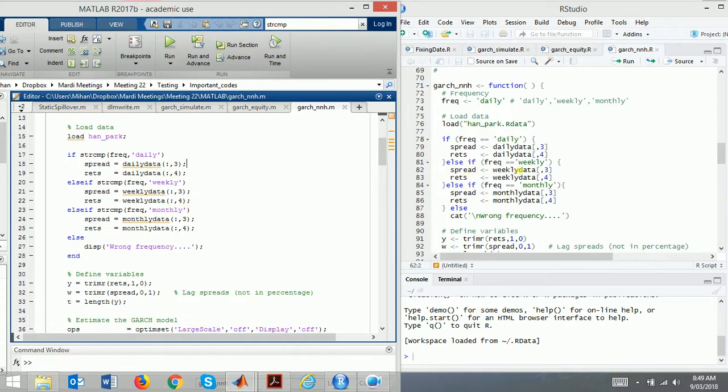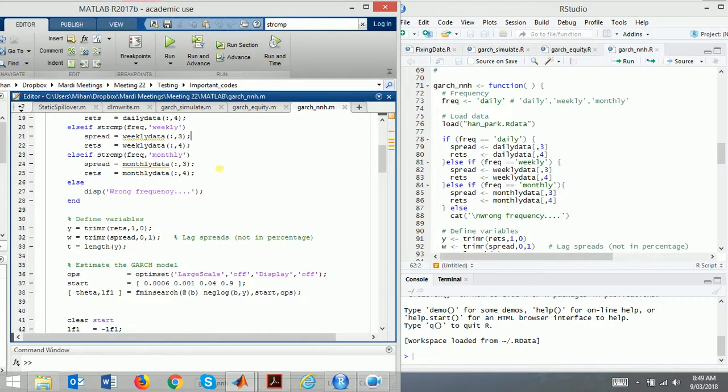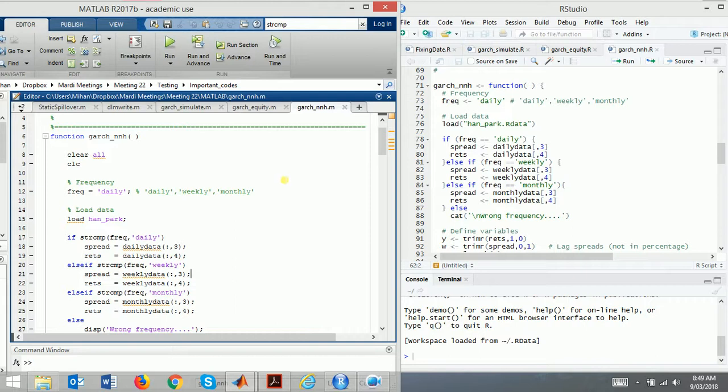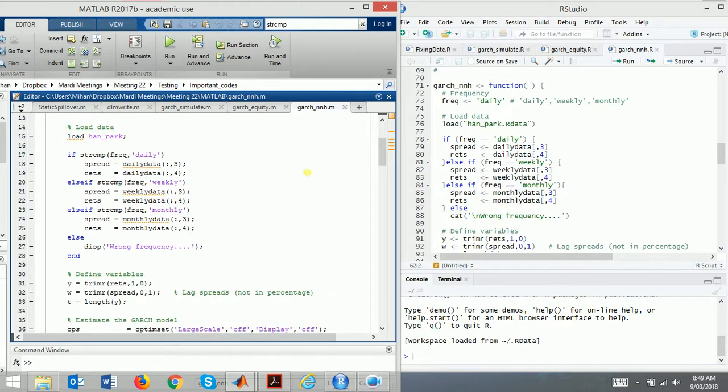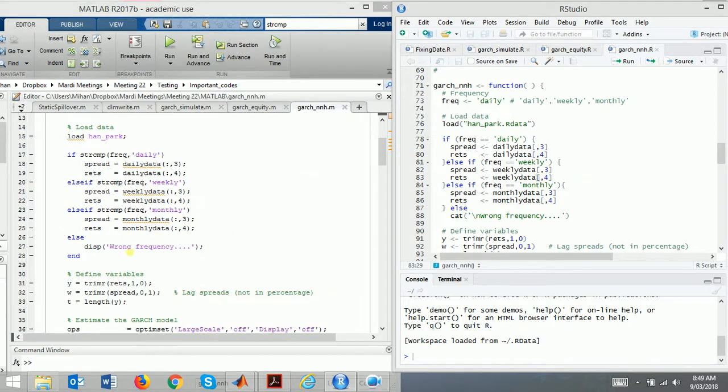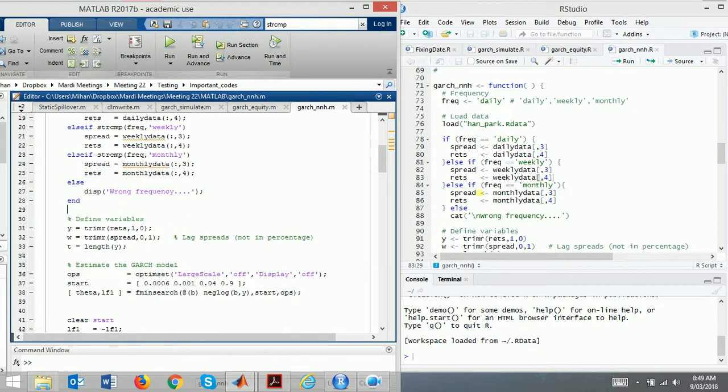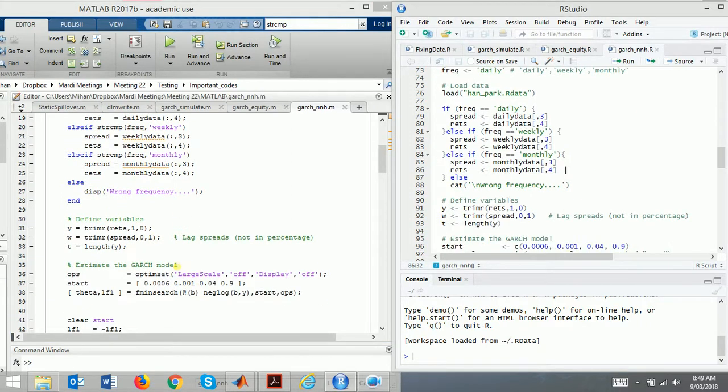Otherwise, if frequency is weekly, then the data goes to weekly data and takes the third and fourth column of weekly data. Otherwise it takes third and fourth column of monthly data. So it depends on what data we have, and depending on that, otherwise there is wrong frequency.